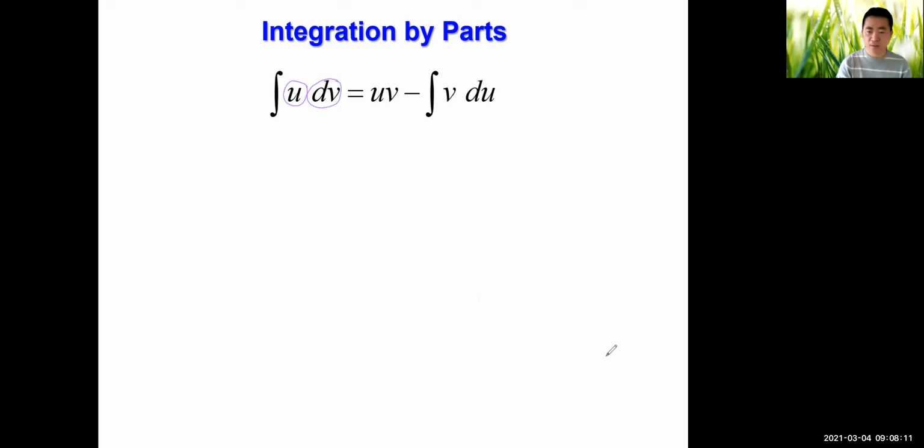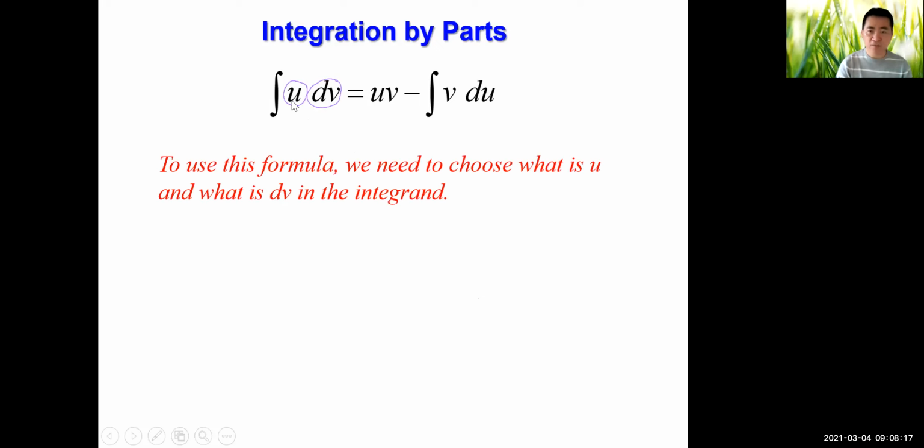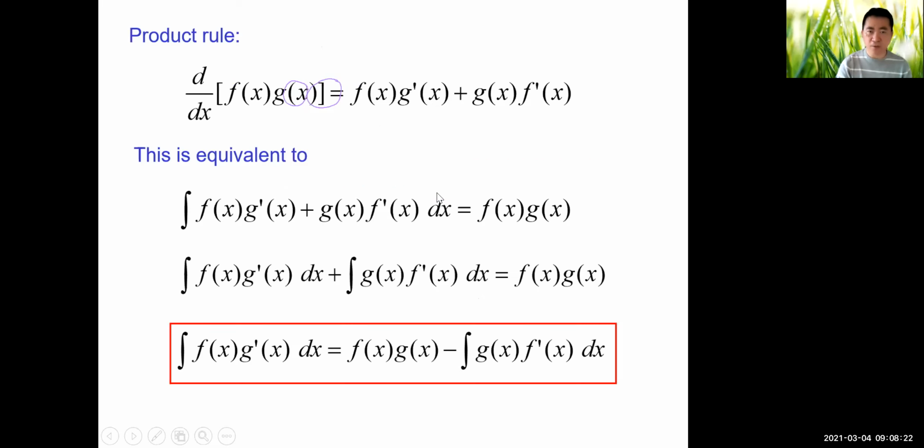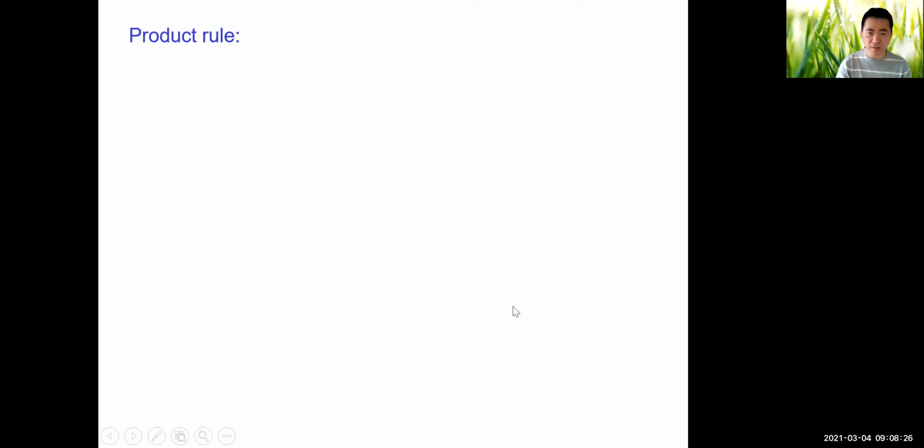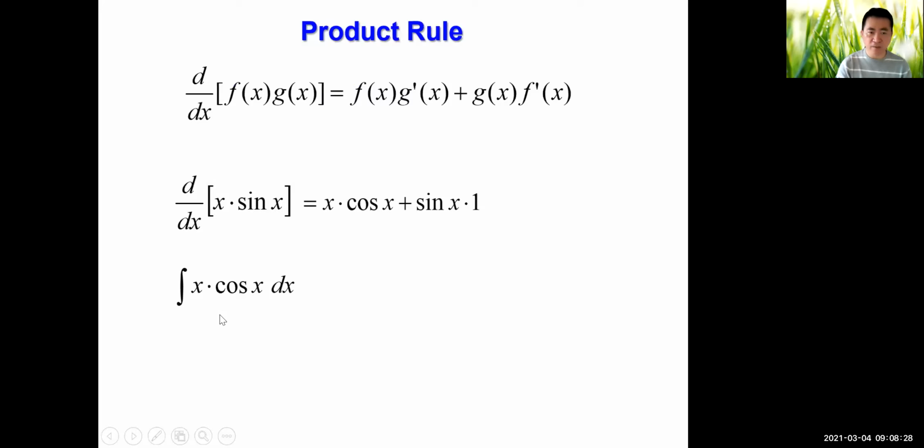Now, how do we identify u and dv? If you go back to this example, if you want to integrate x times cosine x, which one is u and which one is dv? You have two functions here, and one of them is u, the other is dv.